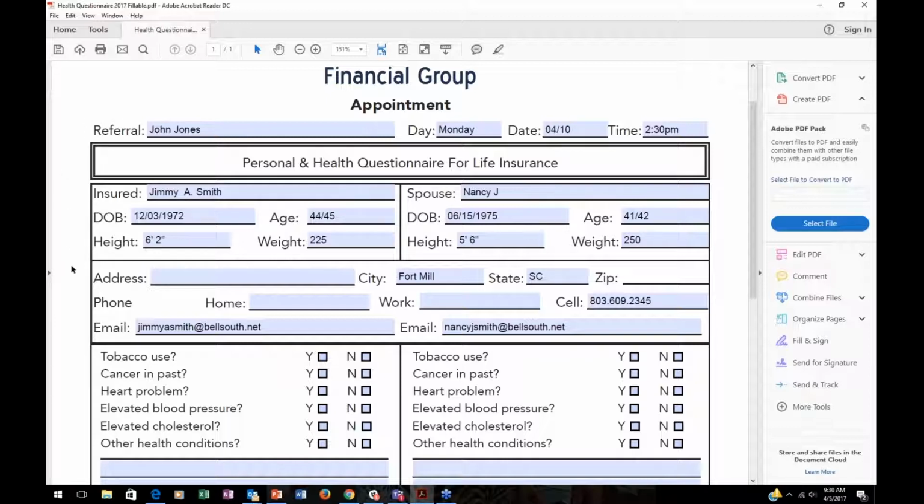I attach this form to the inside of the jacket, and then anytime I'm adding documents, whether it be the illustrations that I've used, perhaps a copy. Always good to have a copy of an application that you've sent into a carrier. You may have done it on a wet application, therefore you've given them the original.